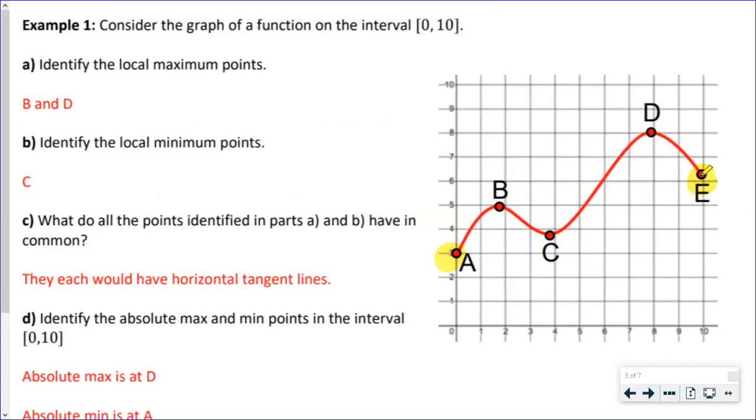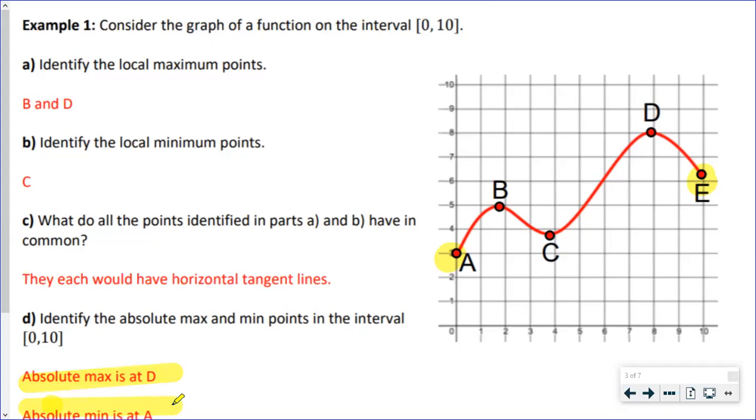So if I wanted to identify all the local maximum points, well, I could say that D is the absolute maximum point and A is the absolute minimum point, because that is the greatest Y value and the least Y value.